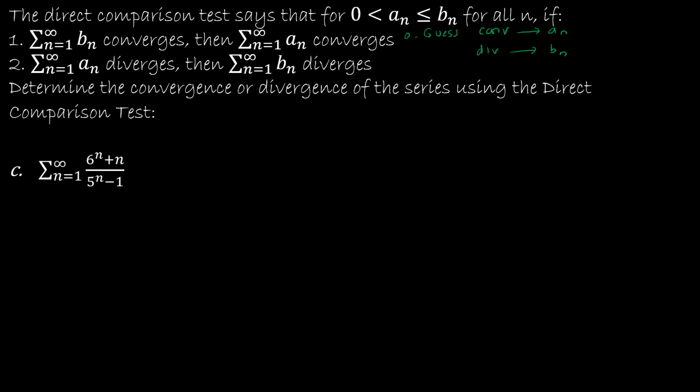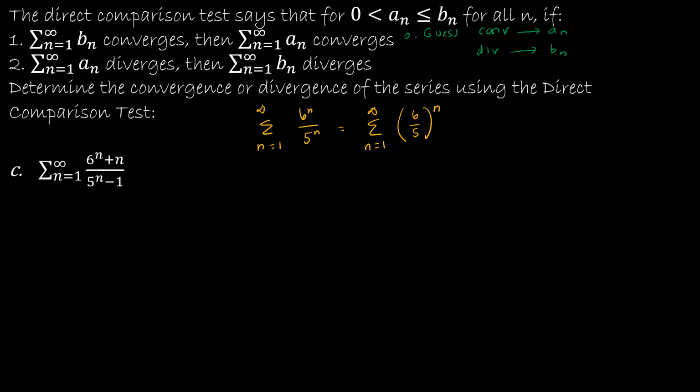So, looking at this, I'm going to think about my series as being similar to 6 to the n over 5 to the n. And you might be saying, okay, cool, but that's not anything we know. But if I then rewrite this, I can think of this as 6/5 to the n.